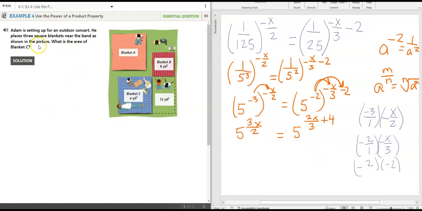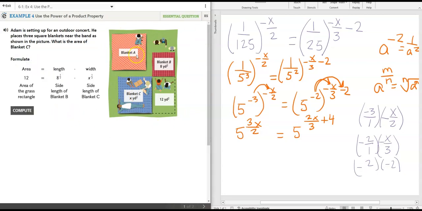All right, for this problem right here, we have a word problem. Adam is setting up for an outdoor concert and he places 3 square blankets near the band as shown in this picture. And we want to know what's the area of blanket C. So they're going to use the information that is given to them.